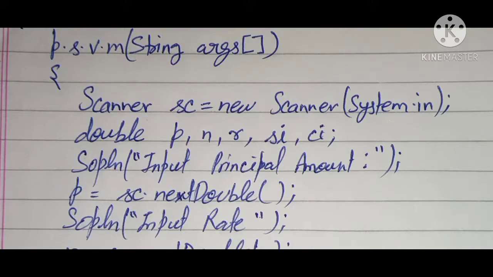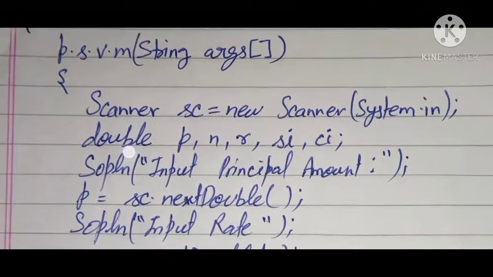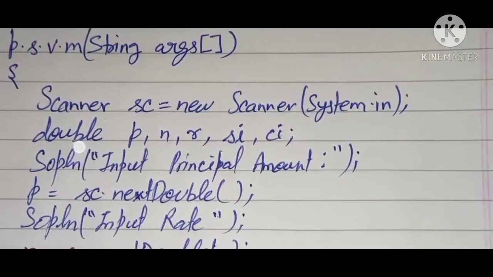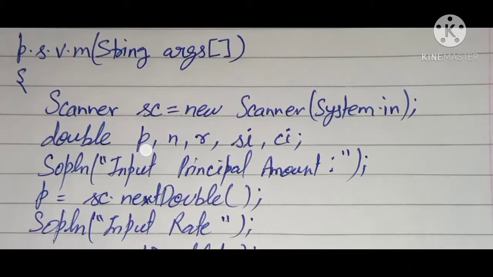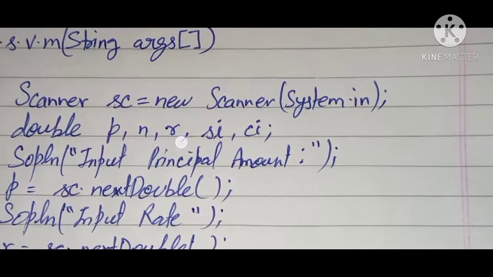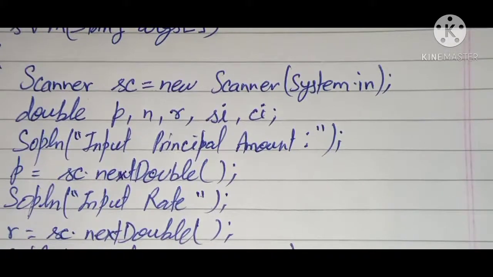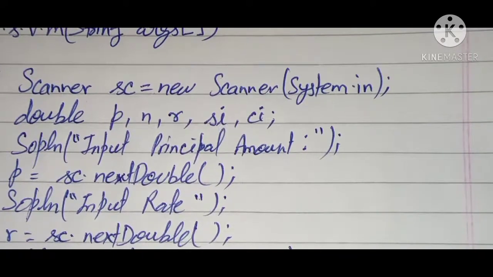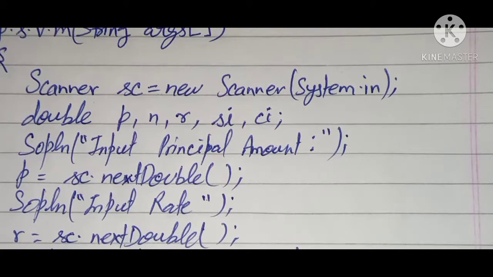That's why I have written double here. I have used P for principal amount, N for time, and R for rate of interest. And SI and CI I have used to store the simple interest and compound interest.